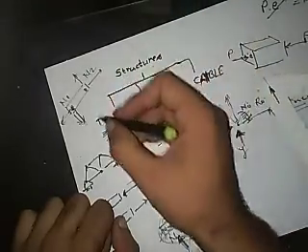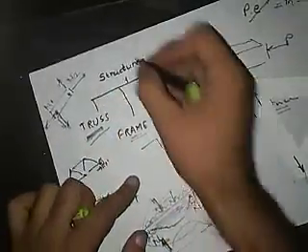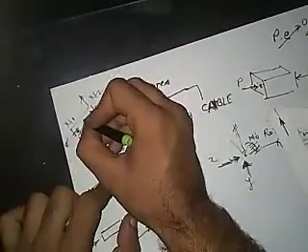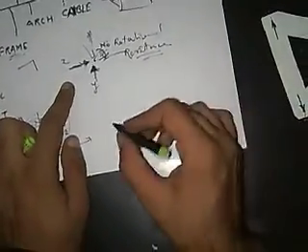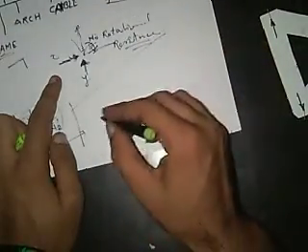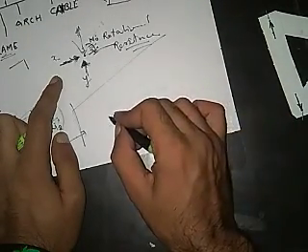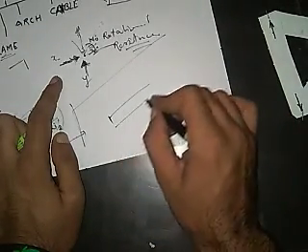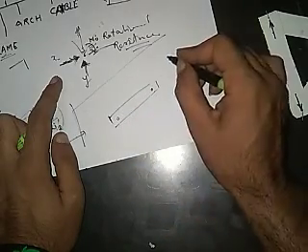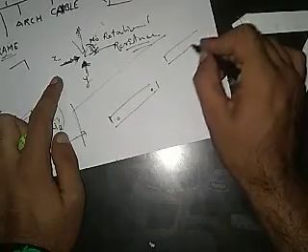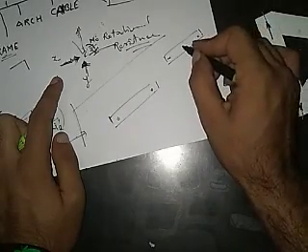So we assume that its own weight is not acting at the cross section, at the centroid of the member.